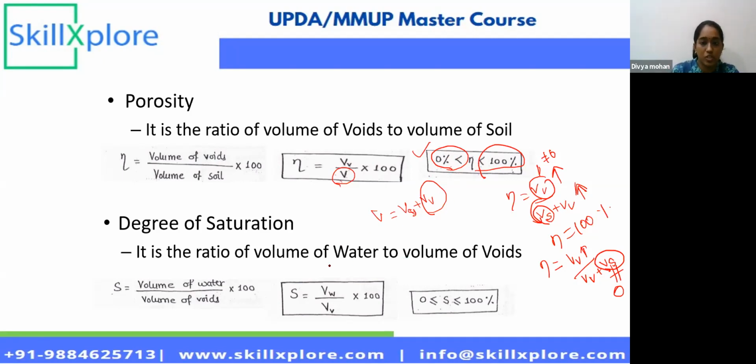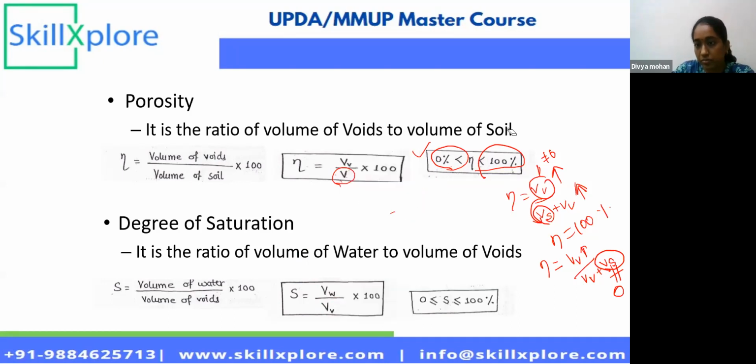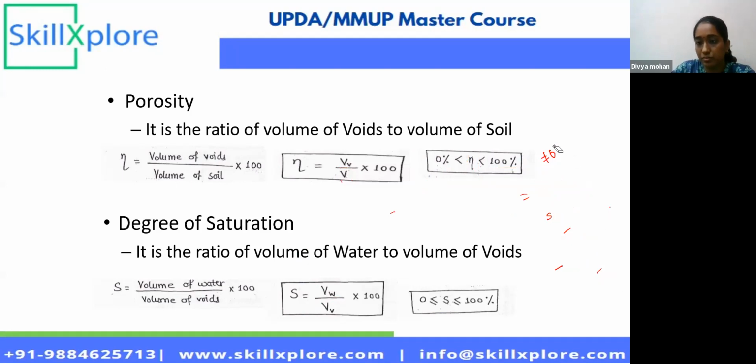And then we'll switch to degree of saturation. Degree of saturation is nothing but the ratio of volume of water to volume of voids. So here, volume of water and volume of voids, and I'll explain the range. So S is equal to volume of water by volume of voids.